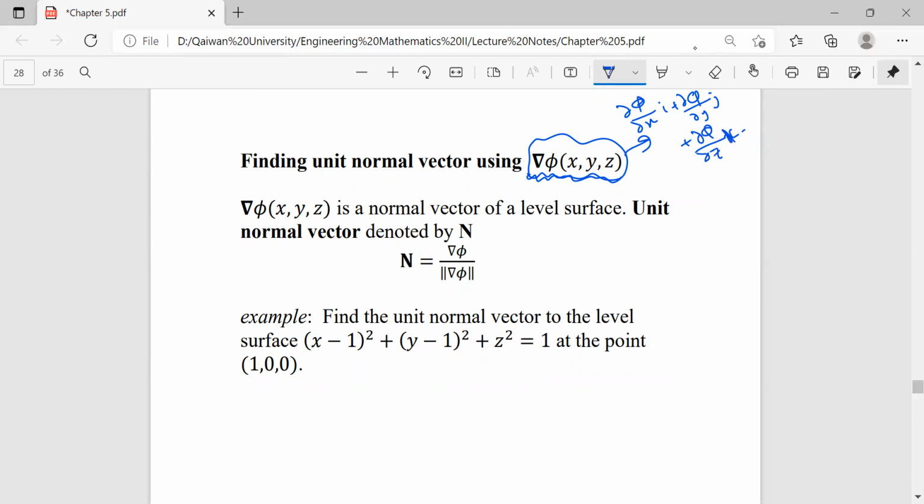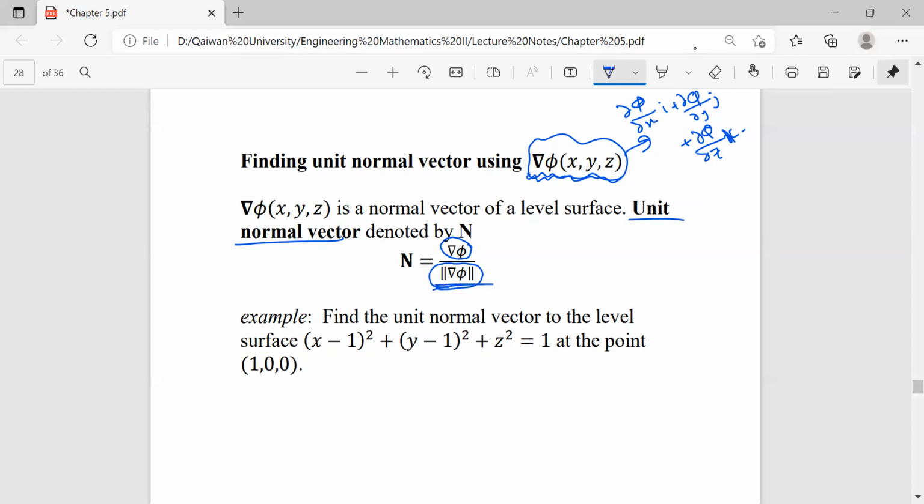That's all. This is the gradient of a scalar field. To find the unit normal vector, it can be obtained from the gradient of the scalar field by dividing it by its magnitude.